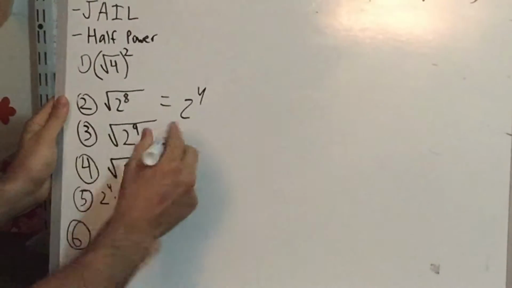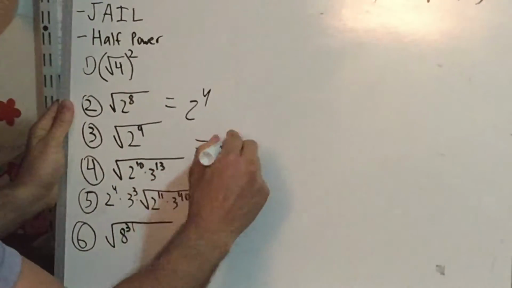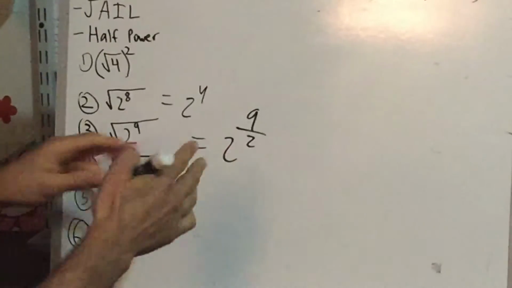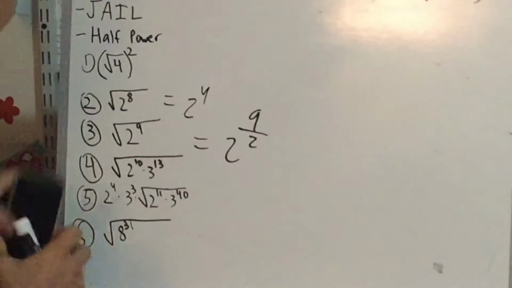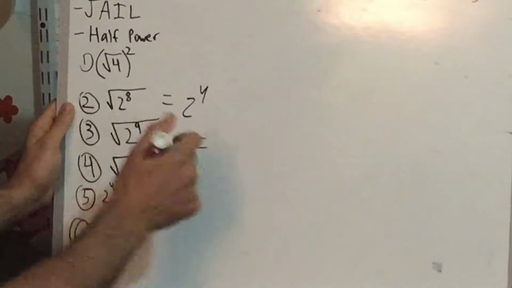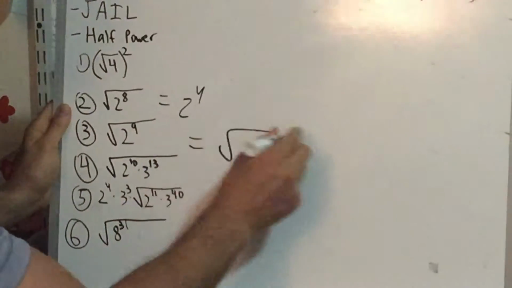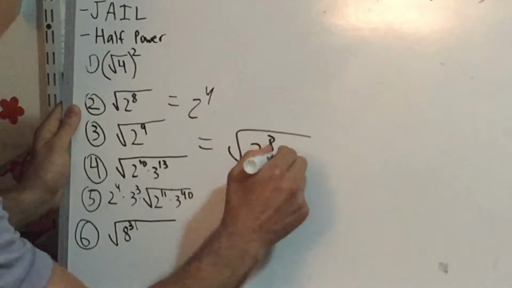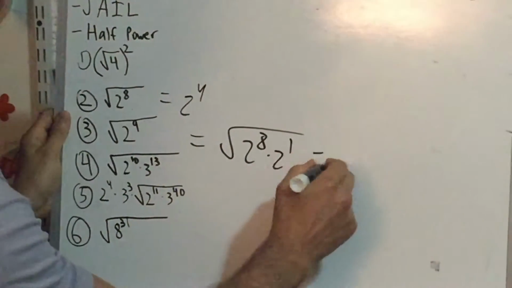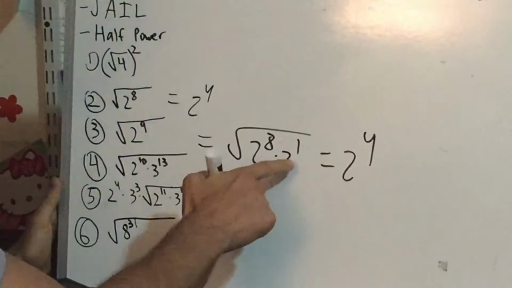However, we could do this and just say this is 2 to the 9 over 2, or 2 to the 4.5 power, but that's really ugly and it's not considered nice form. So what we do instead is find the largest even power that's under 9, so we would do it this way. And now this part pops out nicely, and this part doesn't.